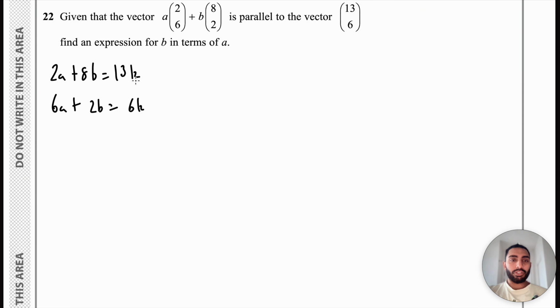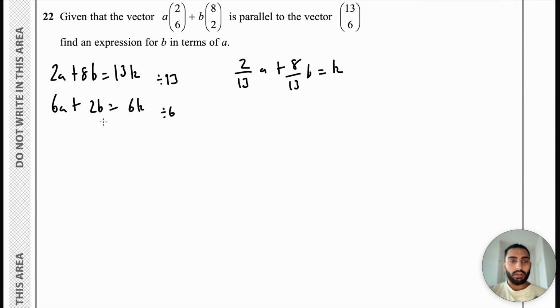So the first thing that I'm going to do is divide all of this first equation by 13, and then divide all of this second equation by 6, and that would make the k's equal to each other. Dividing the first by 13, I would have 2 over 13 a plus 8 over 13 b is equal to k. So that's the first one done.